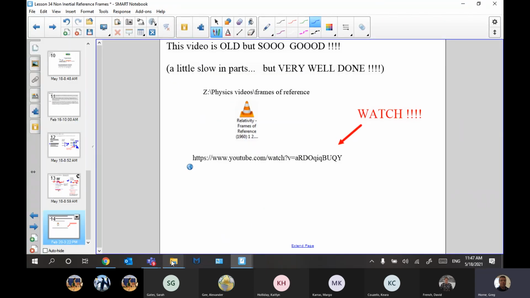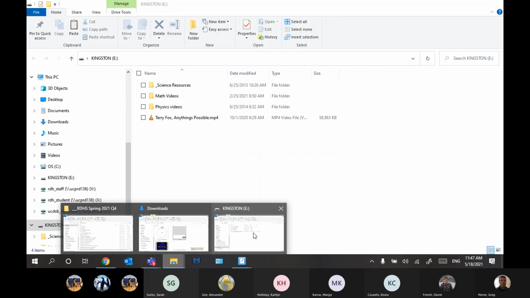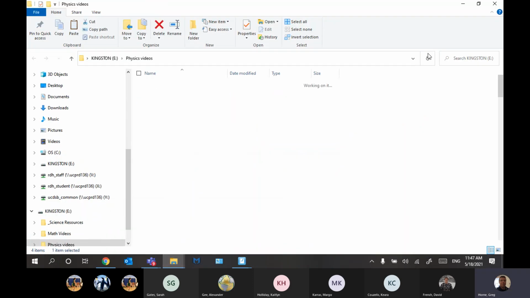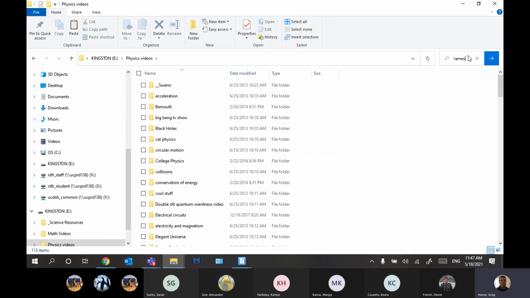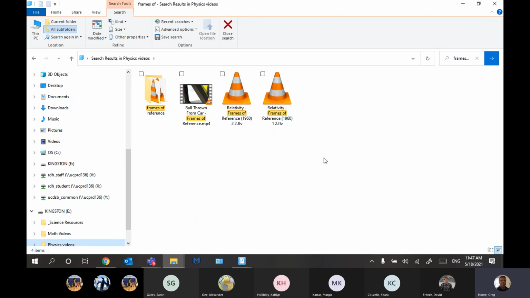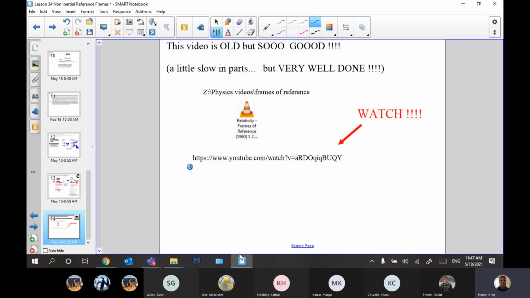Relative frames of reference, 1960, 2.2 and 1.2. Which one was it? 1, 2.